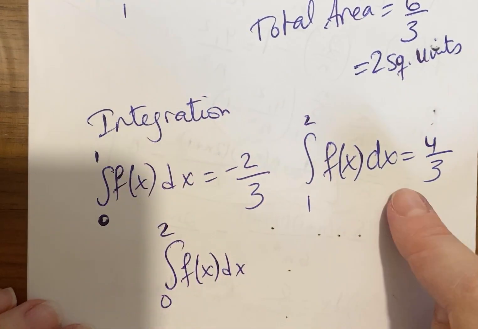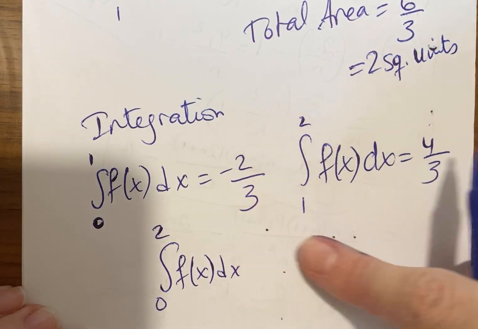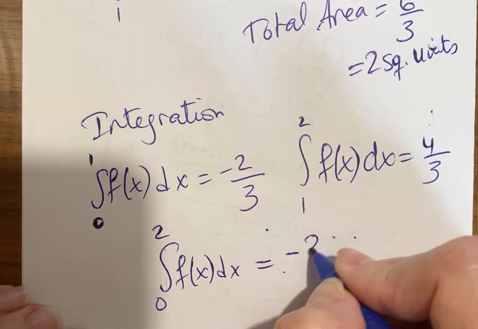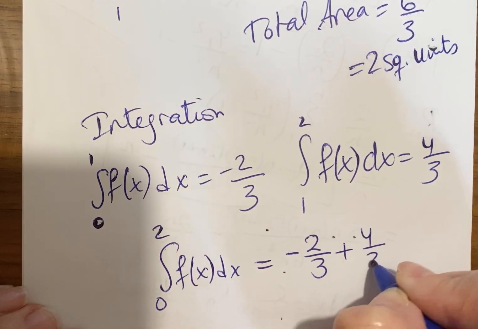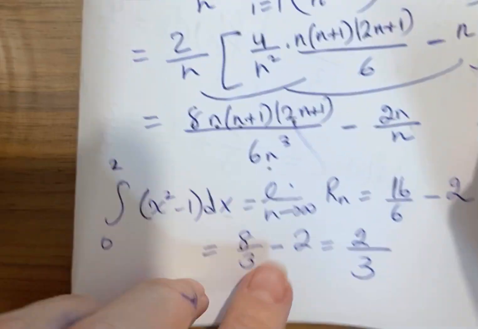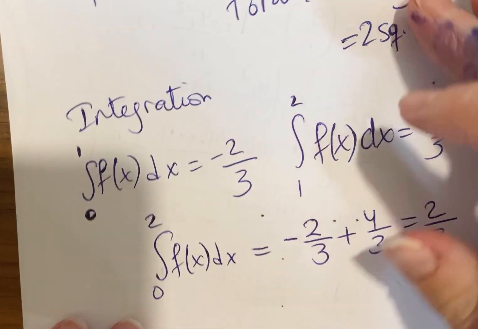Doesn't the integration measure the net change? So if we did minus 2 over 3 steps backward, then 4 over 3 steps forward, what will the total net change be? It will be minus 2 over 3 plus 4 over 3, 2 over 3, which is exactly what we got when we calculated it just now. Makes sense, yeah? It's nice.